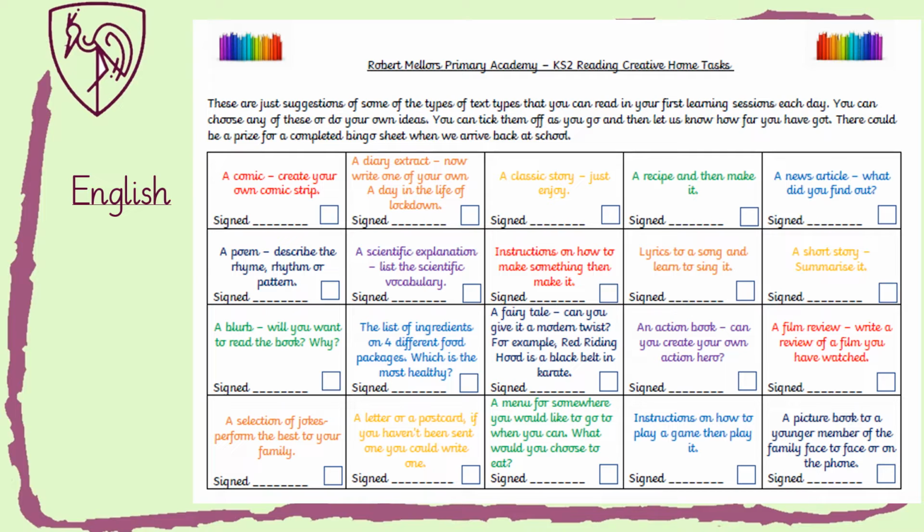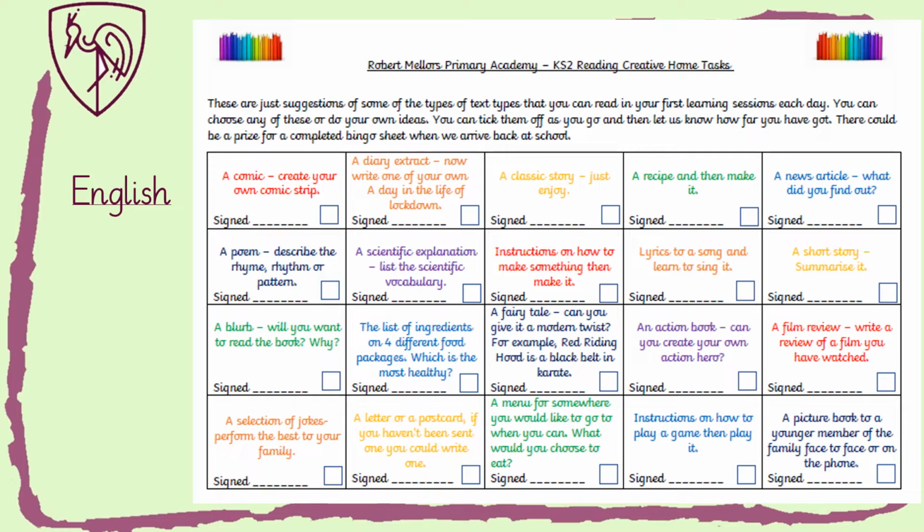So here's a copy of the anytime reading activities that we can do, lots of creative ones there. We can pick any of these and tick it off when we've completed the activity. What we're looking for today is one with a nice writing output.